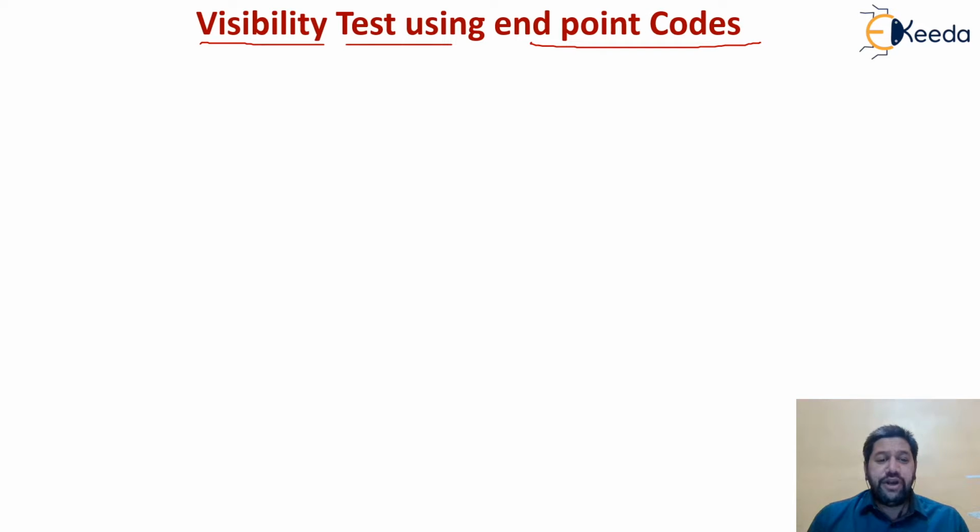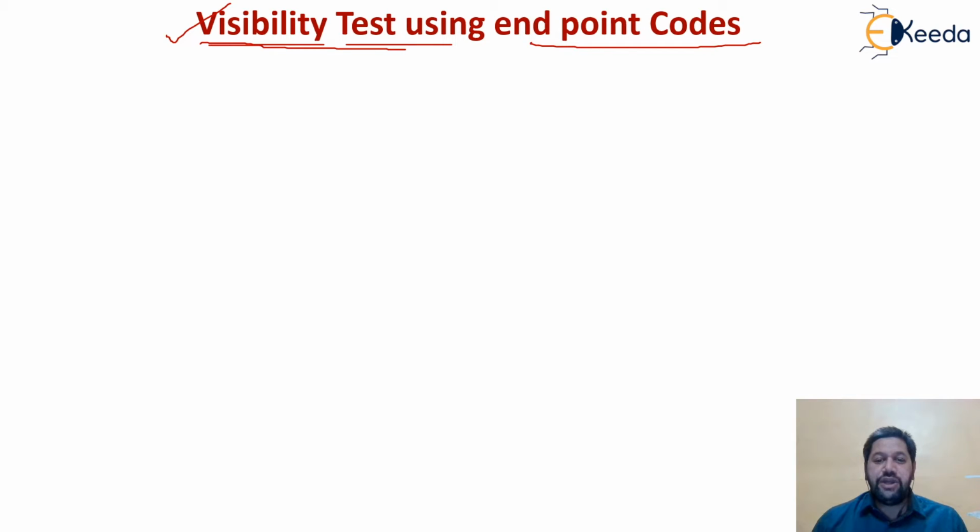Now, what is meant by visibility test? We learned in the previous lecture that first we have to find out whether the line is totally invisible, totally visible, or partial.